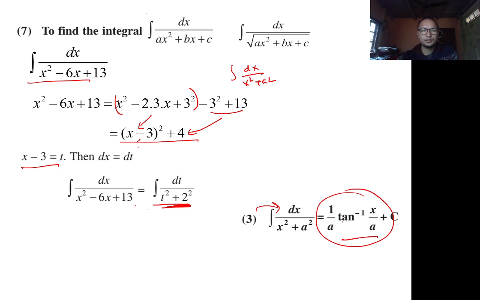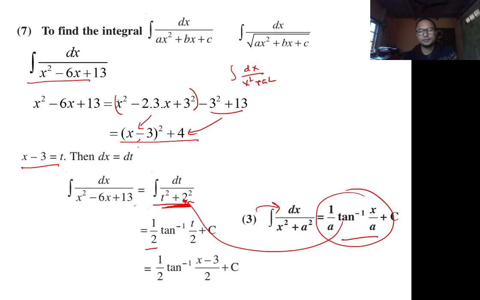So just use the formula here. So it will be 1 by a, here 2, right? 1 by 2 tan inverse t by 2. So that's it. Now instead of t, we have to put back x minus 3 in the last. So we put it here. That's it.